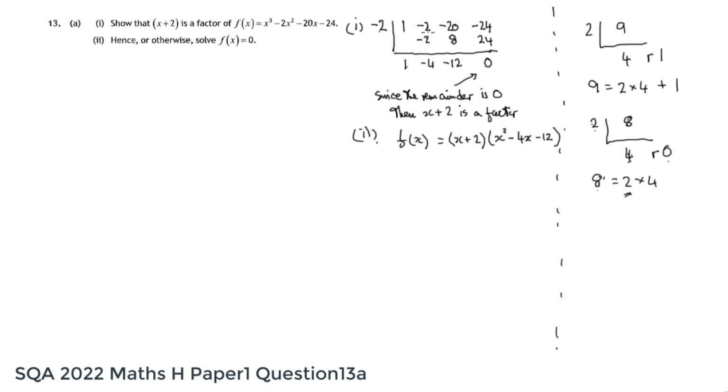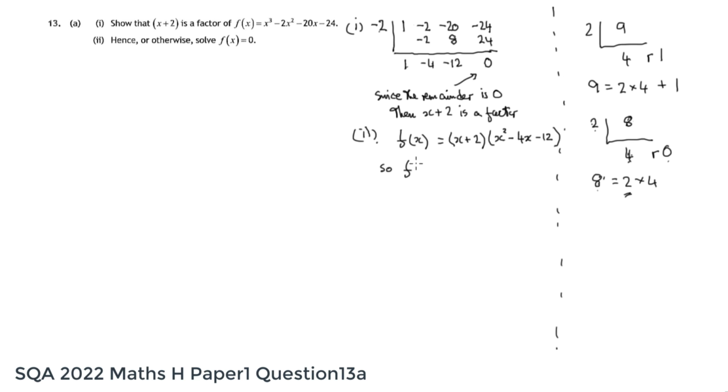We started out with a cubic. There's 4 terms there. And we end up with a quadratic. So that's what f of x is equal to, in the same way that we wrote 8 as 2 times 4. The remainder is 0 when we divided this by x plus 2, and it goes x squared minus 4x minus 12 times. So, what does that mean?